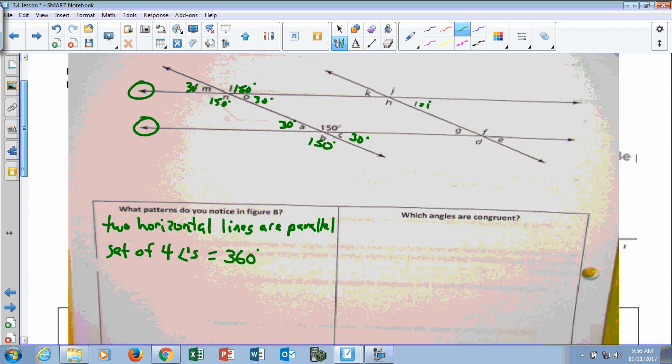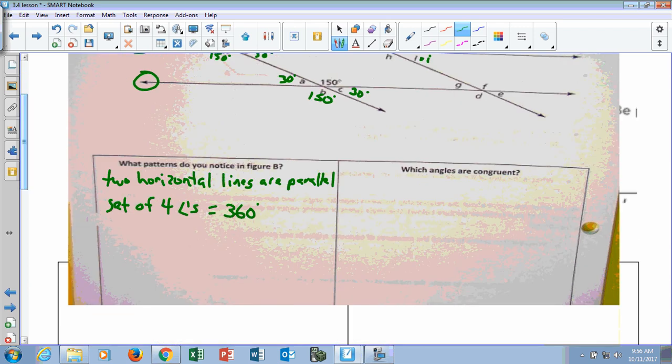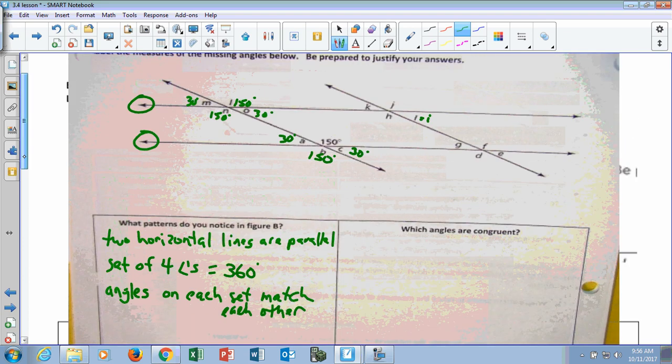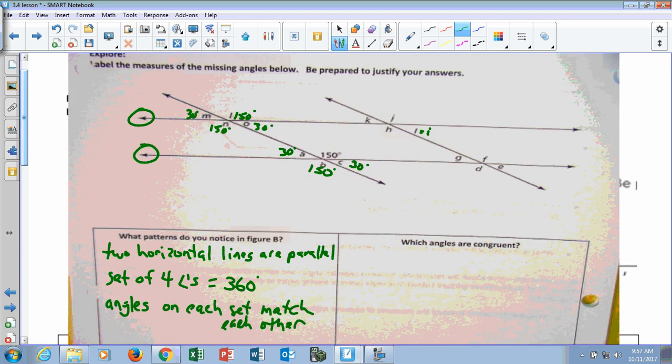Okay, I'll see how I can word that. Let's say angles on each set match each other maybe? So what she's saying is this, right? A and M are the same, B and N are the same, C and O are the same, and this one and this 150 are the same, right? Okay, all right, good.